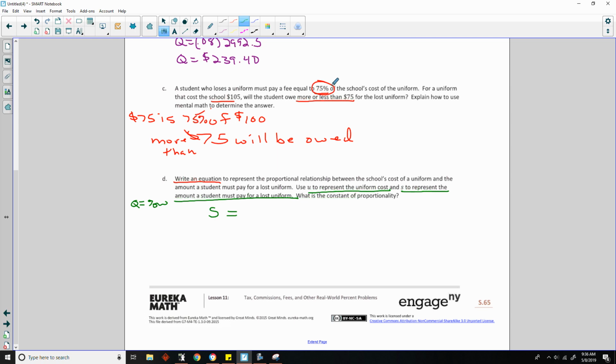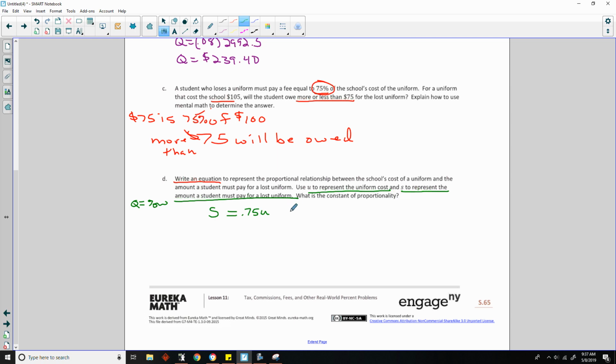And the student must pay 75% of the cost of the uniform, so that would be S equals 0.75 of a uniform U. So there's our equation, S equals 0.75 U.